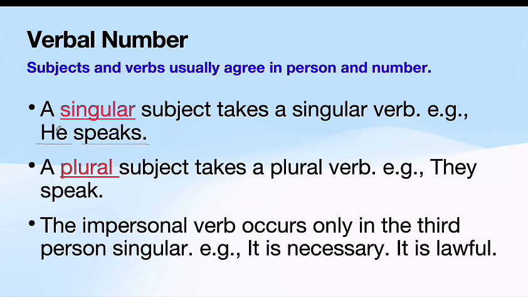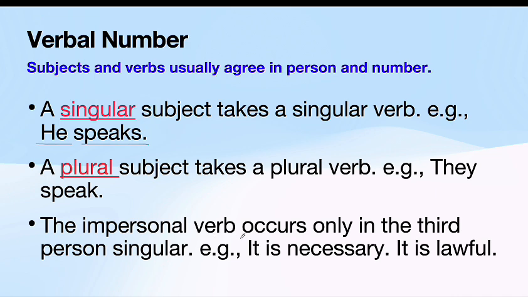This is a singular subject, so the verb should be singular. So the person and the number agree. This is third person, singular number, singular verb. So a plural subject takes a plural verb: they, plural, speak.